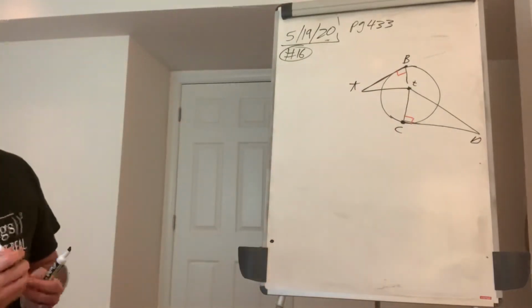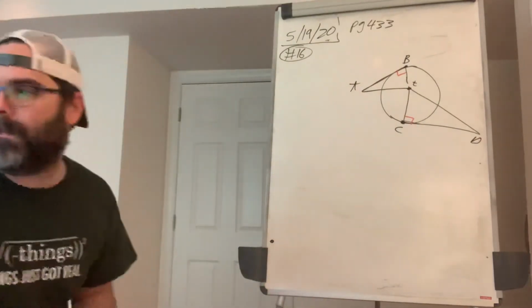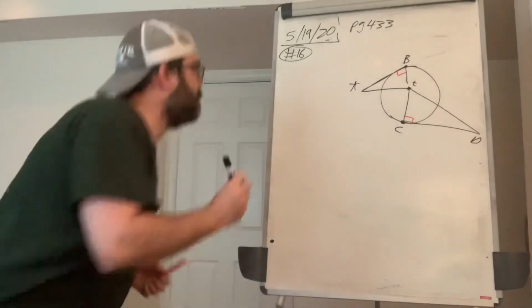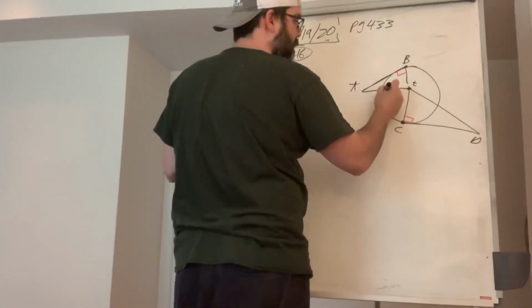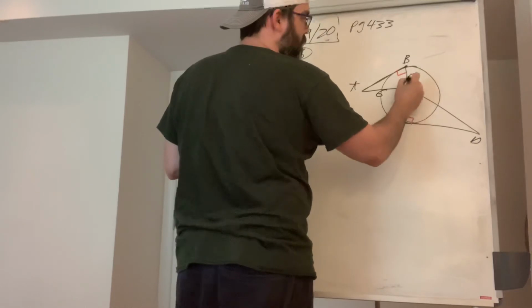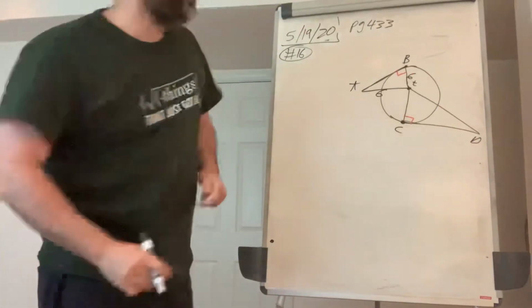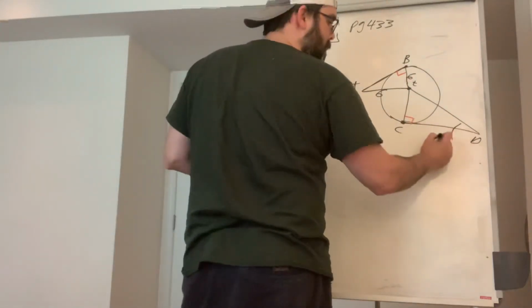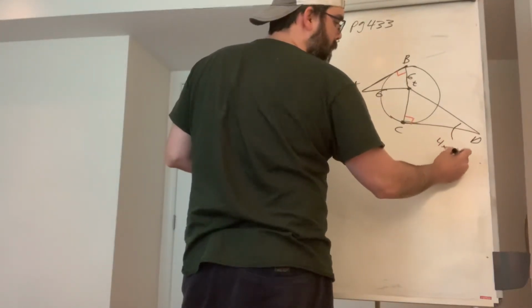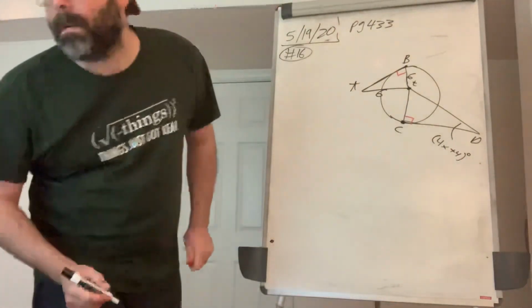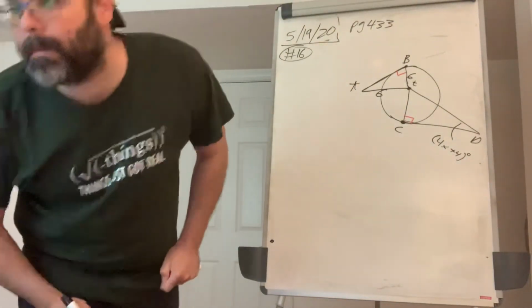Okay, so the first problem is asking us to find AB. Oh, I'm sorry, I didn't put all the dimensions on here. So this is 6 and 6. And this is 4x plus 4 degrees. And this is 8x plus 2 degrees.